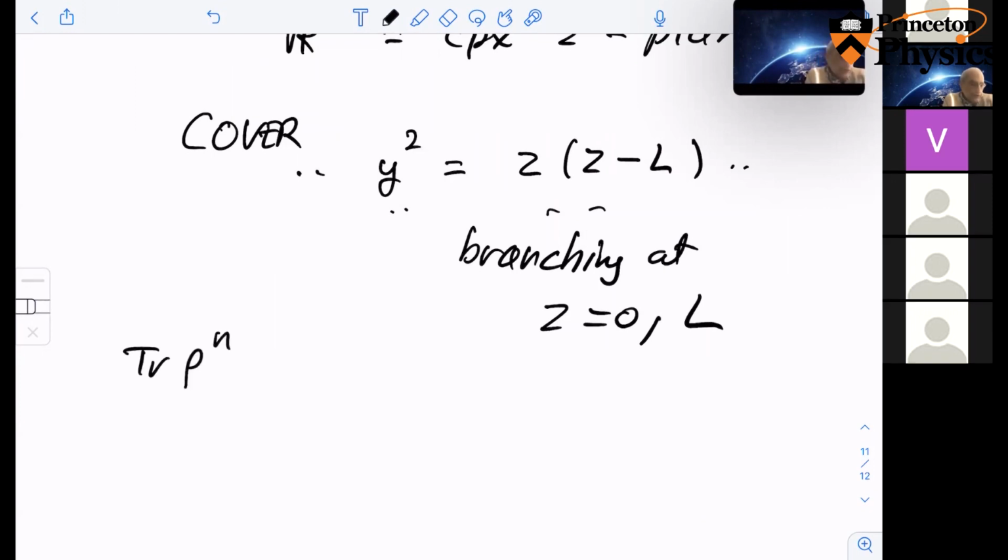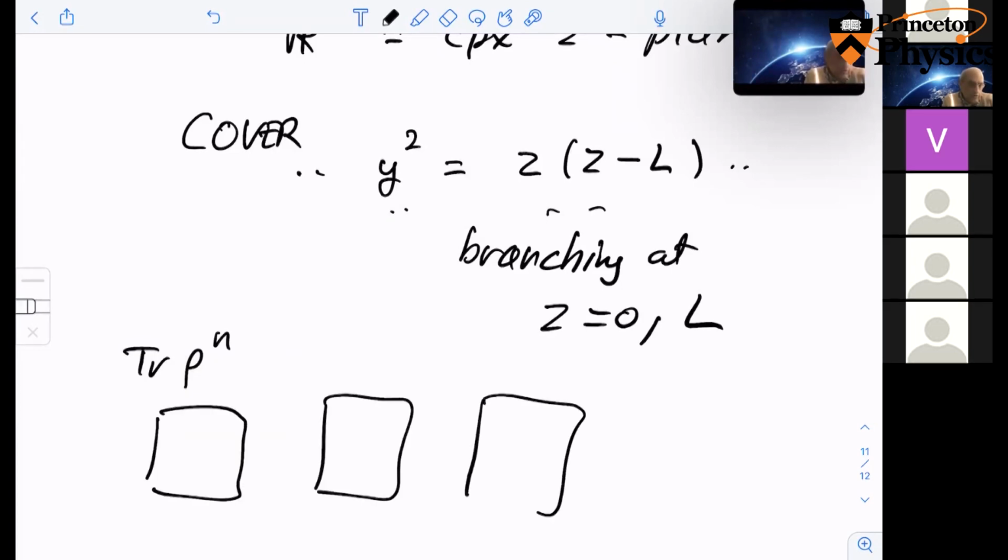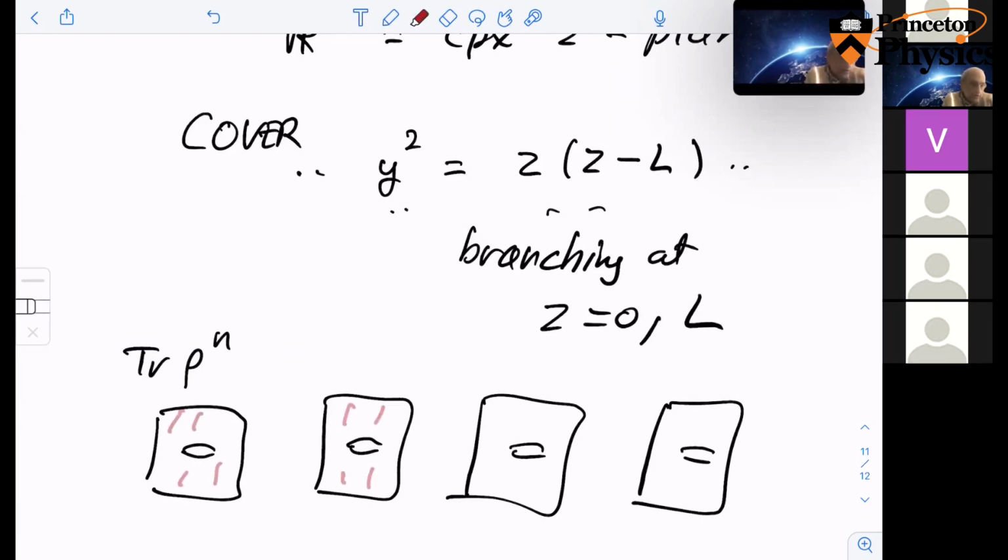Now, if we want trace rho to the n, it would be similar. We would have a bunch of copies of rho, each represented by path integrals on cut planes. And then to get trace rho to the n, we would glue the upper part of the cut on one sheet to the lower one on the next, and keep doing that.